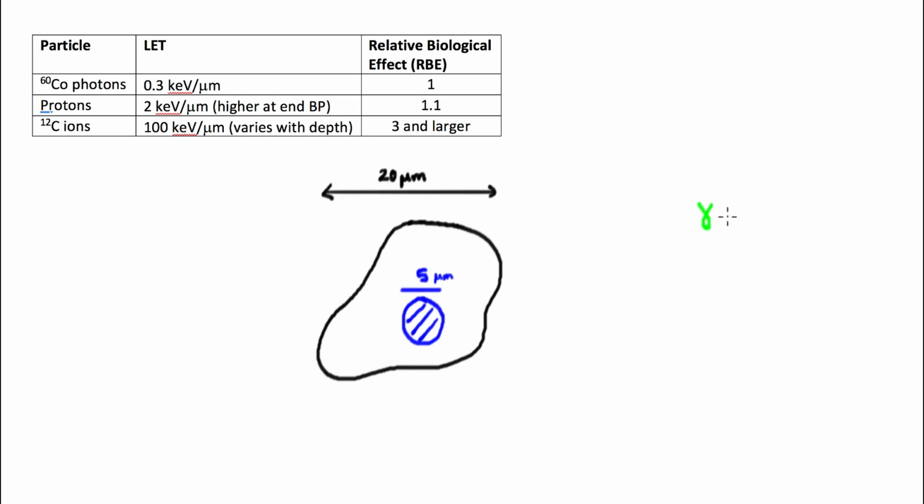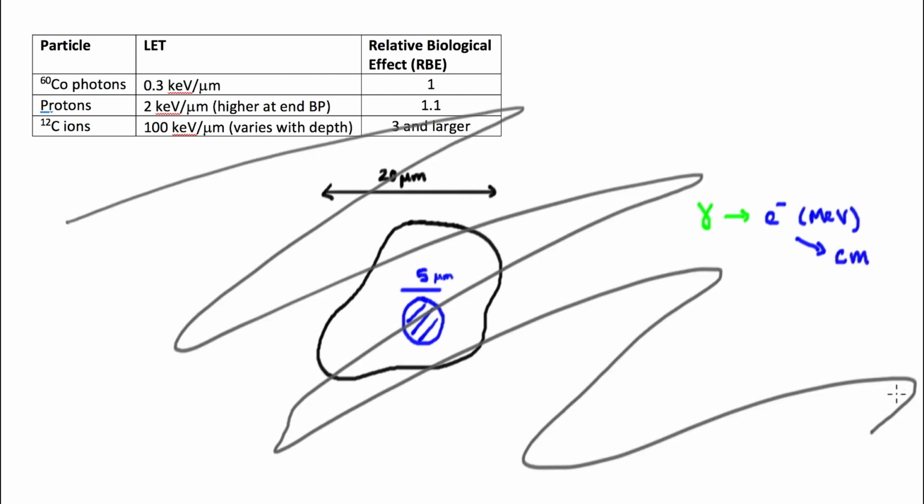In the case of a photon beam, the physical dose deposition is a photon scattering with an electron. That's in the MeV range, so the range of that is in centimeters. So there's this overall bath of electrons, relatively uniform, much larger than the scale of the cell, and there's no localized deposition.